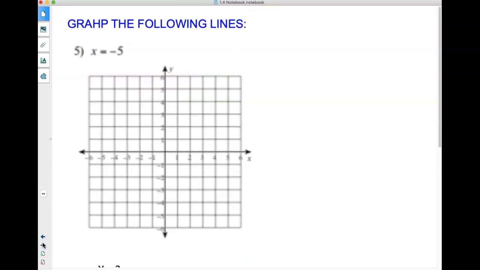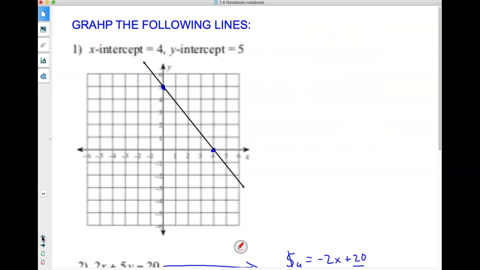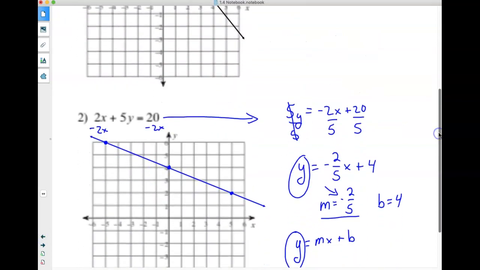Now, these next 2 examples really freak out students all the time, but I'm going to back up here a second. Every example we did before, let me point out one thing to you. Notice my equation has an x in it and a y in it. Every equation prior had an x and a y, x-intercept and a y-intercept. Down here, I had an x, I had a y.